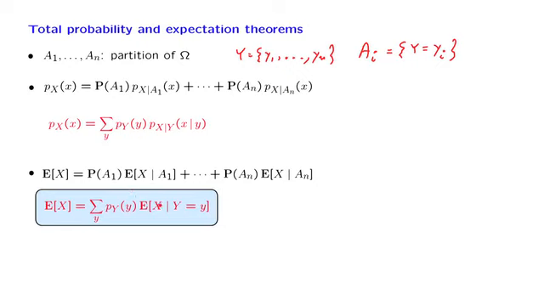Fortunately, the total probability theorem and the total expectation theorem both remain true even for the case where y ranges over an infinite set, as long as the random variable x has a well-defined expectation.